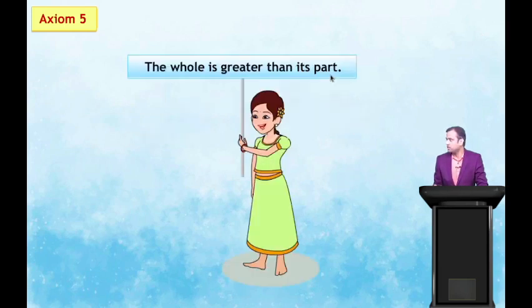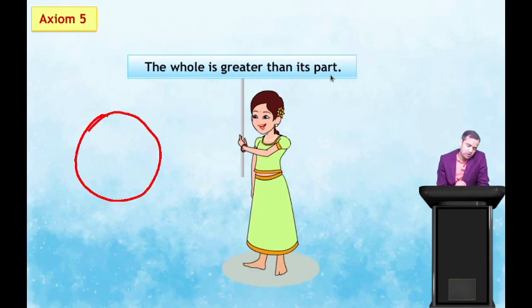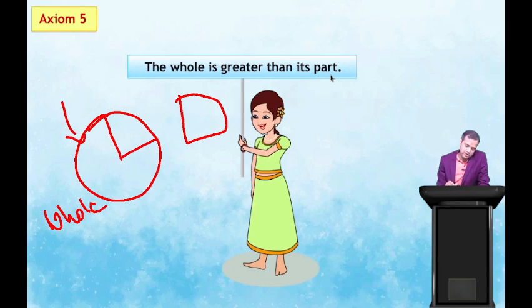The whole is greater than its part. So this is again a very important axiom. What does it mean? If you have a whole roti, and if you make a part of this one, so this whole is always greater than this part.